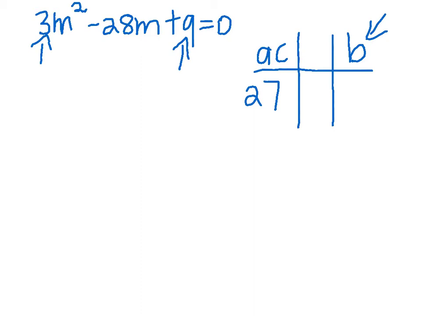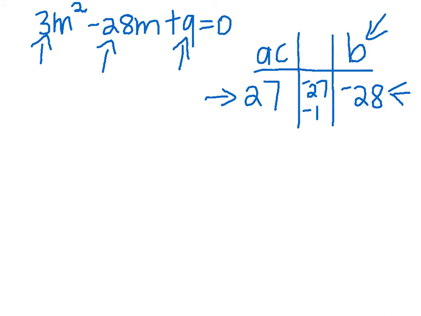And then our b term is here, that's negative 28. Now what we have to do here, we're coming up with our factor pair. What factors of 27 are going to add up to negative 28? Now this one is quite straightforward. We're going to have negative 27 and negative 1.